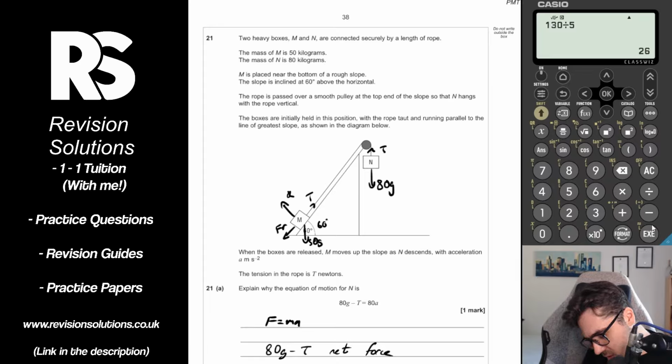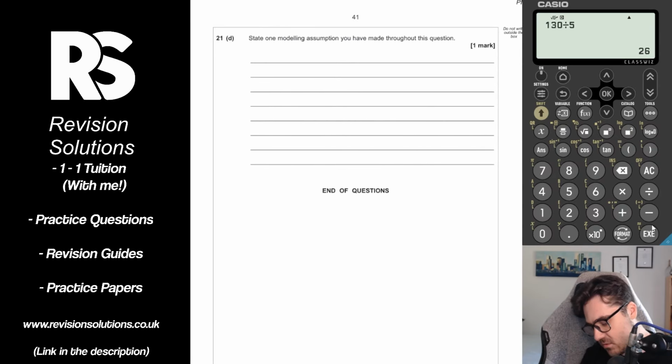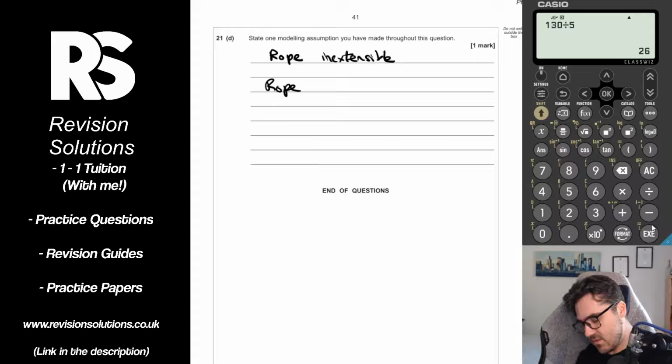No, so what we've done when we combine these equations for a and T is we assumed that the rope is inextensible. That means the accelerations must be the same. You could also say, if you wanted to, that the rope is light. That means the tensions were the same everywhere in the rope.